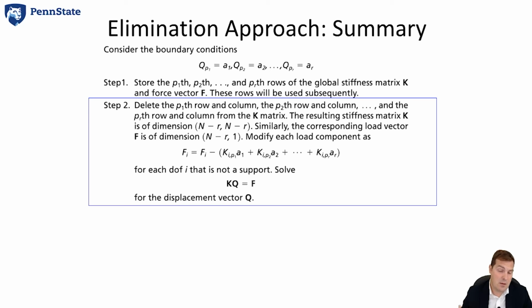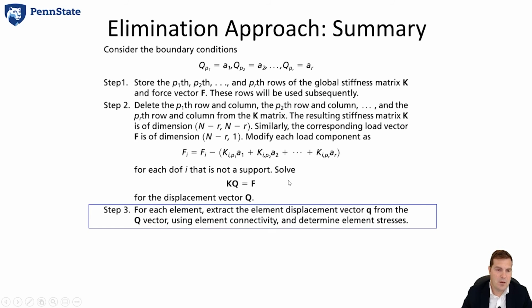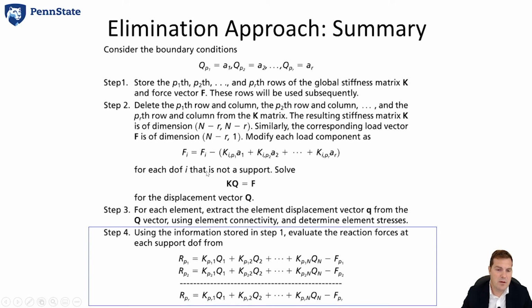You're left with a K reduced matrix, and then you solve for the displacement vector Q. Then for each element, you extract the element displacement vector Q from the large vector and determine the stresses. And then using the information stored in this step, you compute the reaction forces for each displacement. So you can actually do that for each one, not just the support ones, but any node.